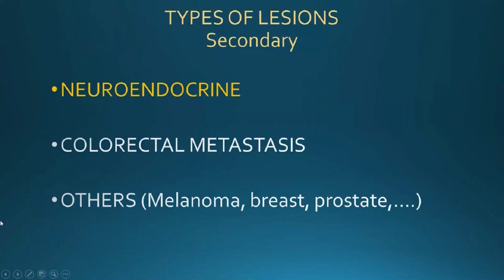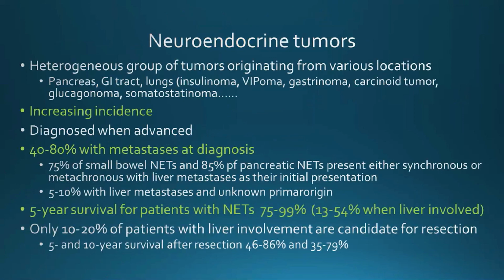So, what are the more common metastatic tumors? Neuroendocrine tumors are not very common lesions, but they do metastasize to the liver. These tumors are a heterogeneous group of tumors originating from various locations like pancreas, GI tract, and lungs, and we see them as insulinoma, VIPoma, gastrinoma, and carcinoid tumor, which are the more common ones, and then glucagonoma and somatostatinoma.